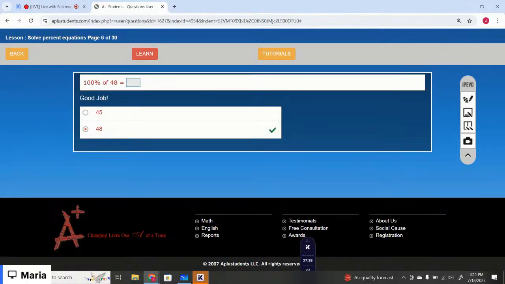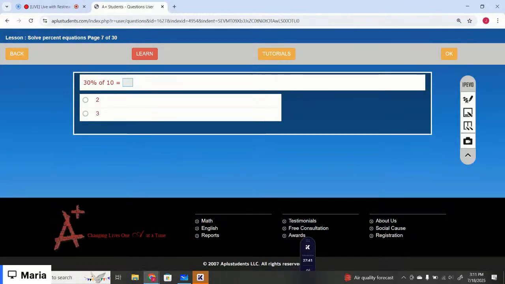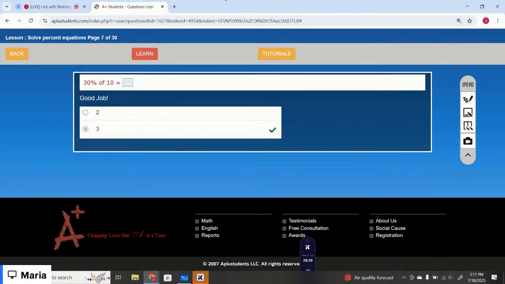Option number 2 is the correct option. 30% of 10 is 3. Option number 2 is the correct option.